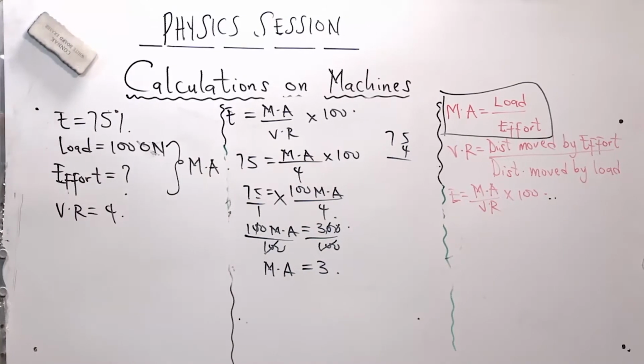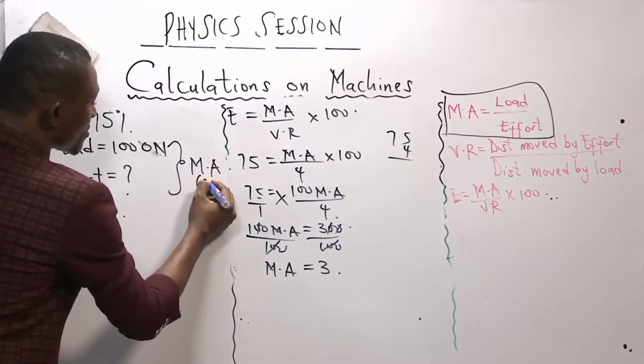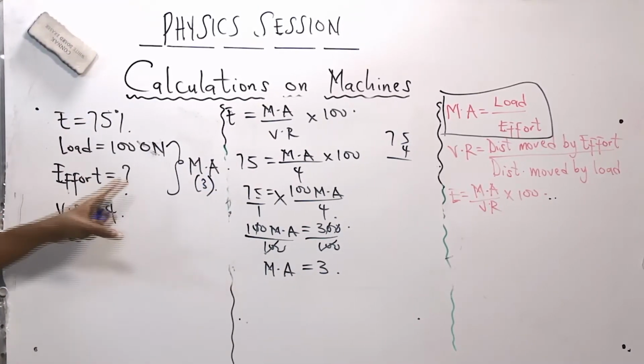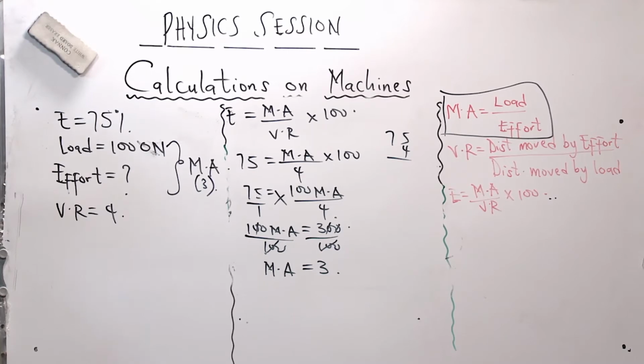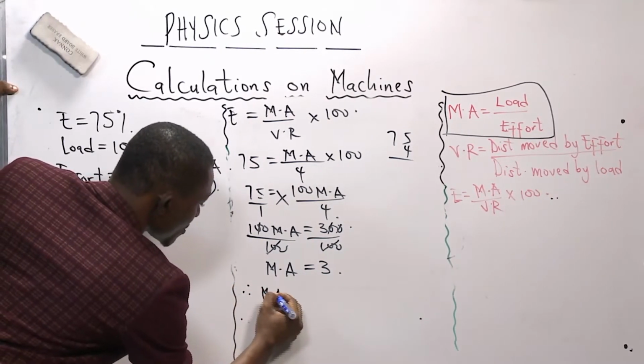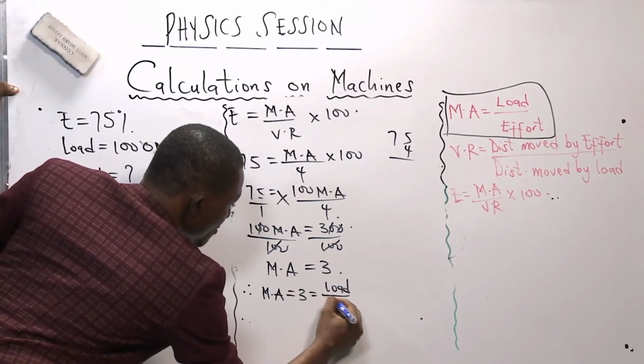So that is the first step, getting the mechanical advantage, which is 3. The second step now is, now we know the MA, we can proceed to calculating the effort. So therefore, MA, which is equal to 3, is equal to load over effort.